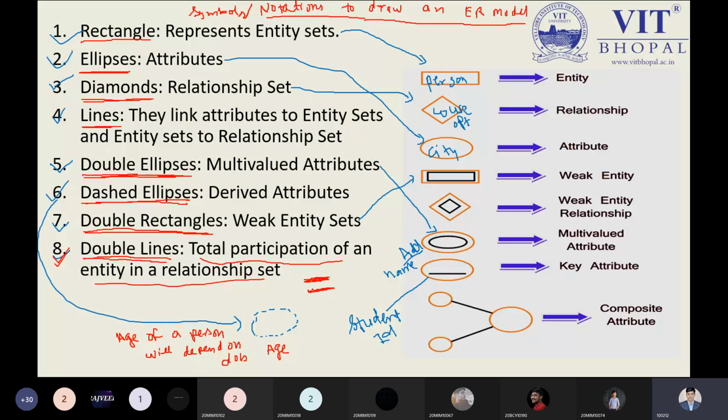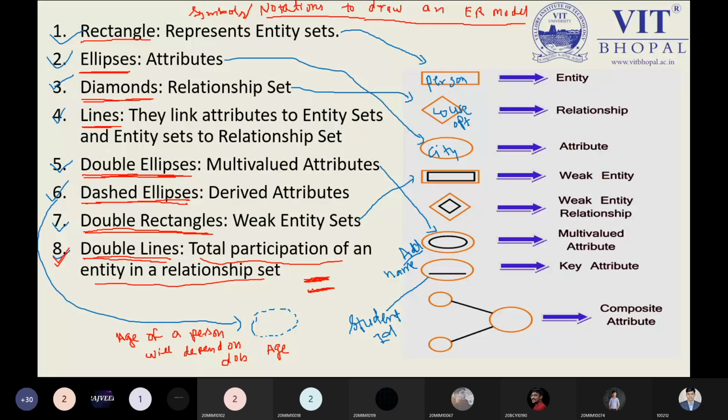So if I'm opening a university, if I don't have any student in my campus, what is the sense of opening the university or college? There will be no sense. So in a college, at least one student will be there. So focus on my words. In a university, at least one student will be part of the university or college.